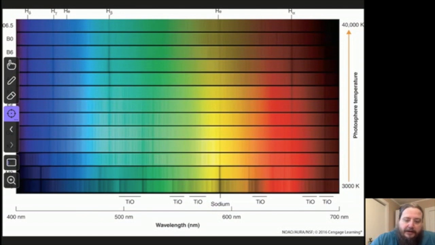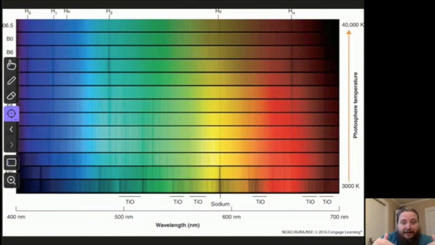And we can see along here the locations of the Balmer series lines. So this is H alpha and H beta and H gamma, H delta. These correspond to transitions between the n equals 2 state and n equals 3 and above, n equals 4, n equals 5, those kinds of transitions.